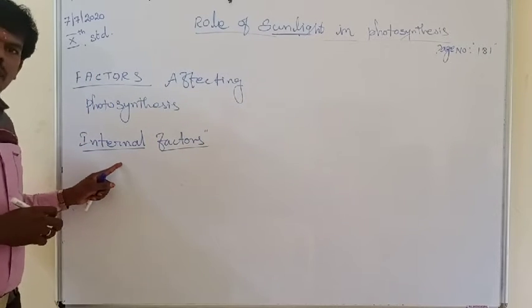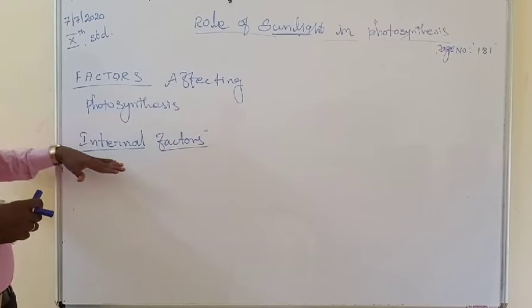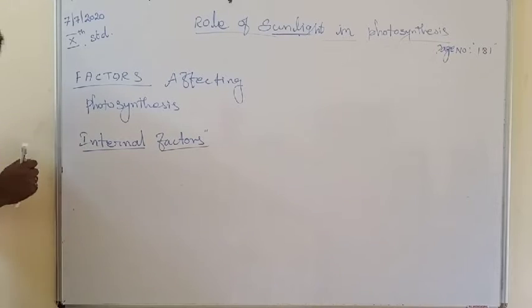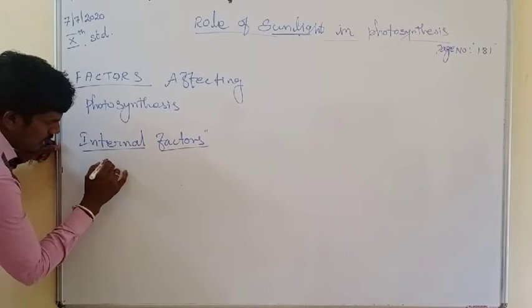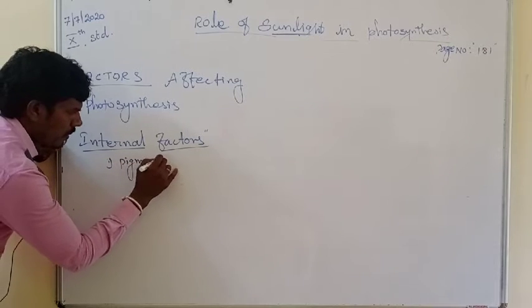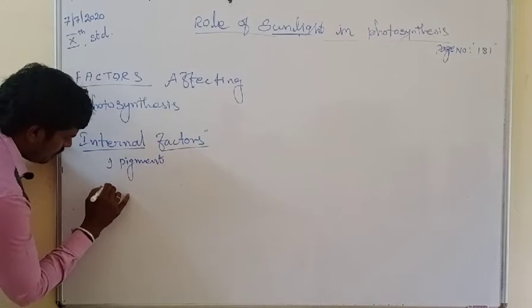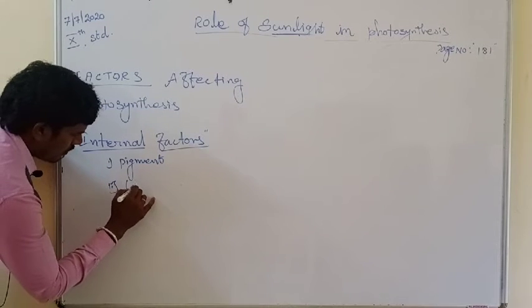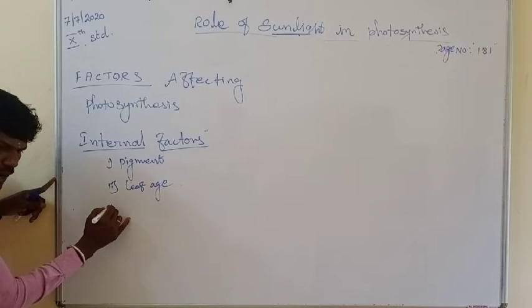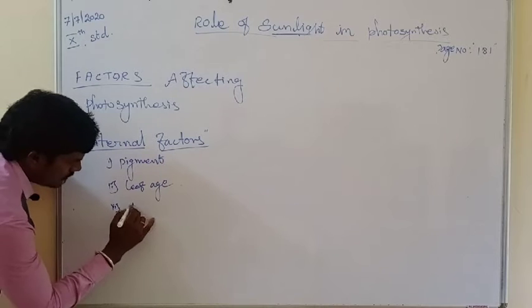Internal factor means what? Factors present in the leaf itself. First one, pigment. Second one, leaf age. And third one, hormones.